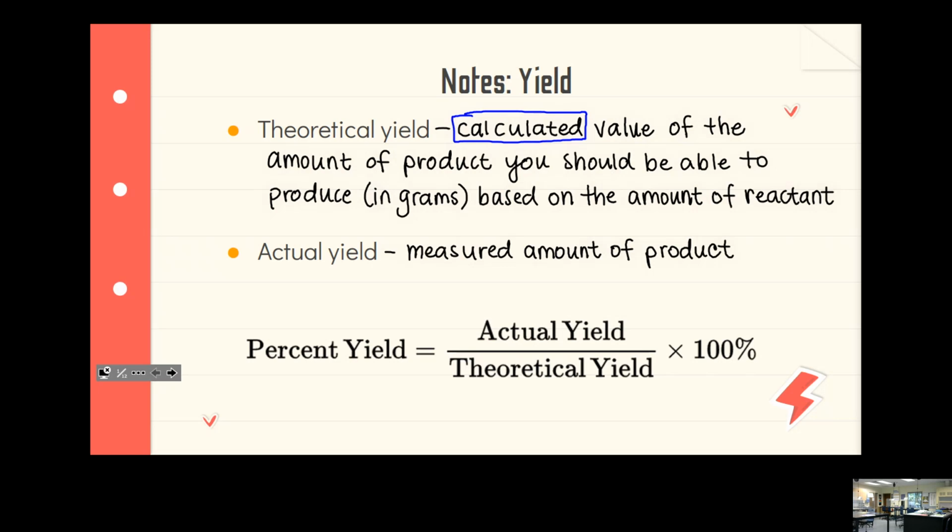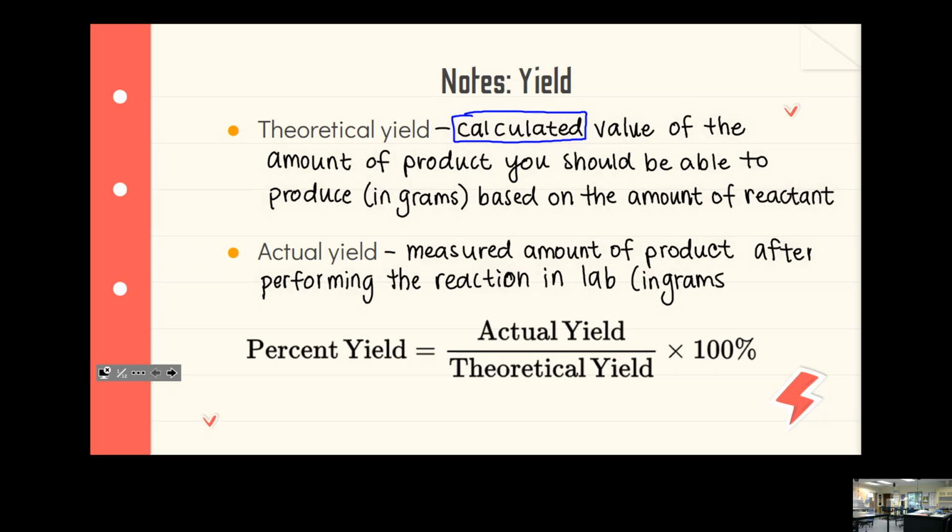So it's the measured amount of product after performing the reaction in lab. So again, this value is going to be in grams. Okay, very specifically because I don't have anything other than an electronic balance, which only measures in grams.